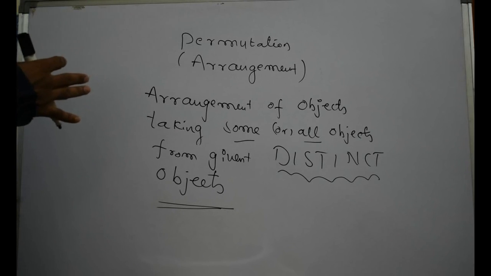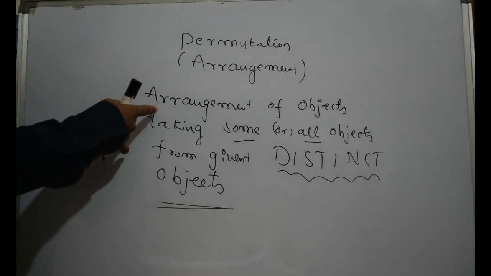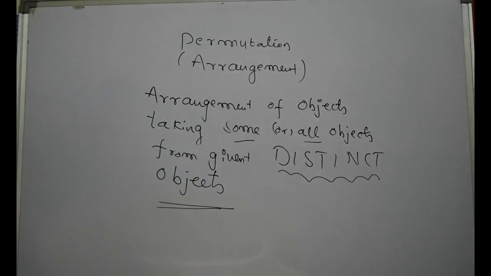Whenever distinct objects are given, first we will see how to find the number of arrangements. Later we will find how many arrangements are possible when similar objects are also there, not all distinct. In that case also we can find the number of permutations. But first we have to learn how to find the number of arrangements when the given objects are distinct.